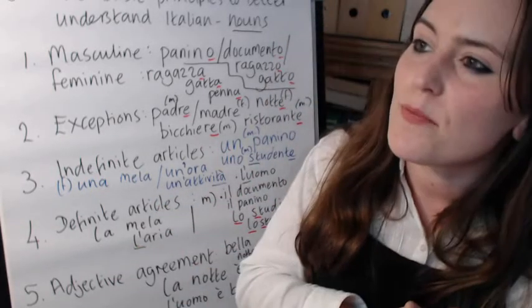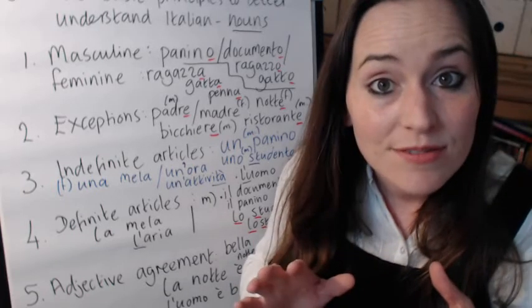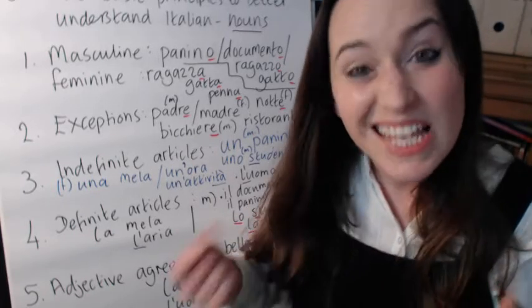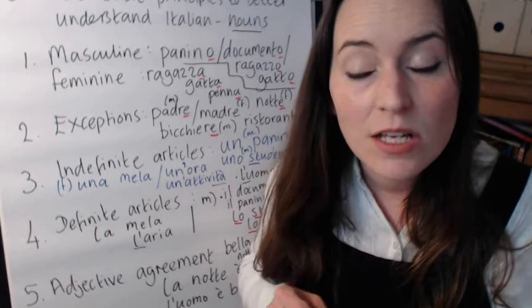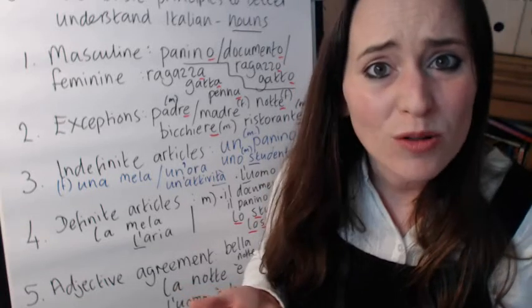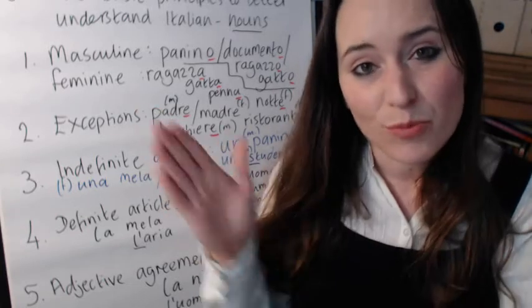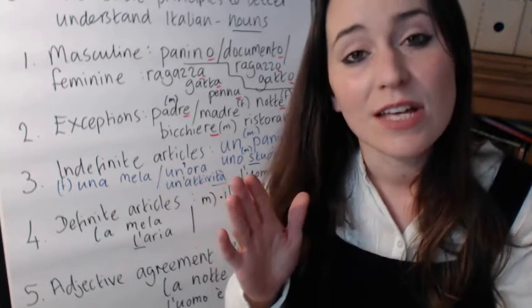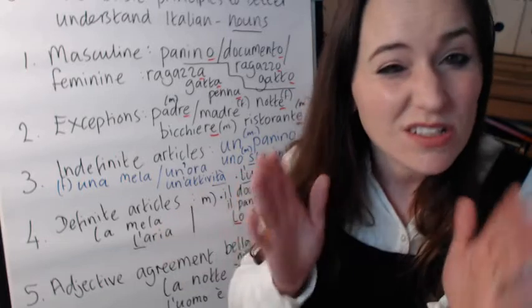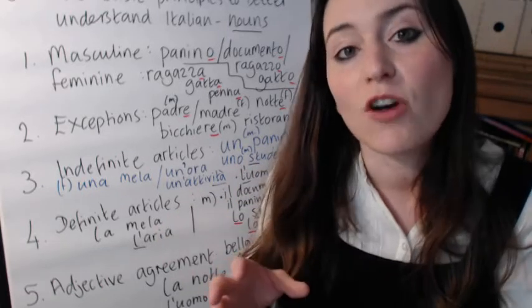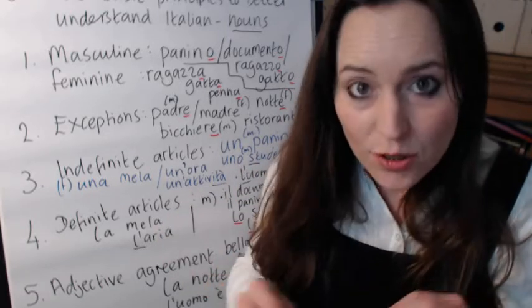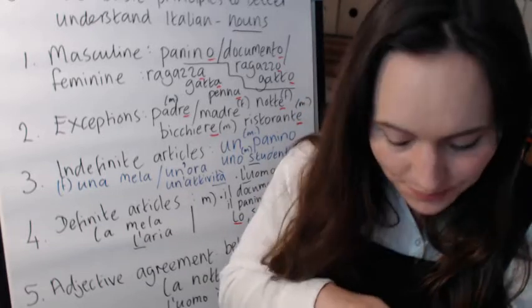And then, so they're the exceptions. Then you get some male nouns like il problema, they end with an A. Or some feminine nouns that end with an O, like la mano. Some, like la radio, are abbreviations of longer words. So they end in an O in their common use, but it's just because it's a short form. In the long form, they've got an A at the end. La radio is la radiografia.